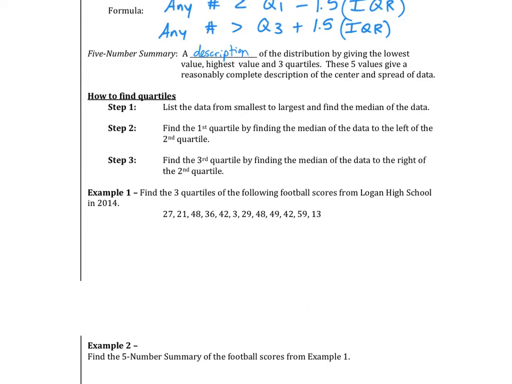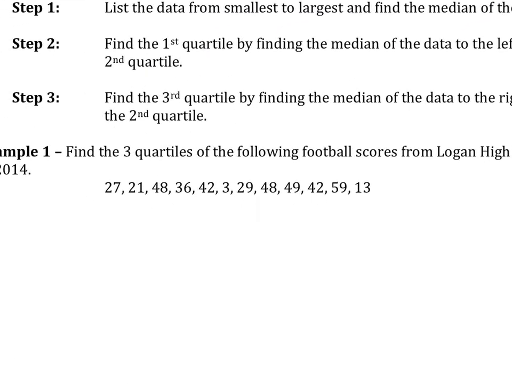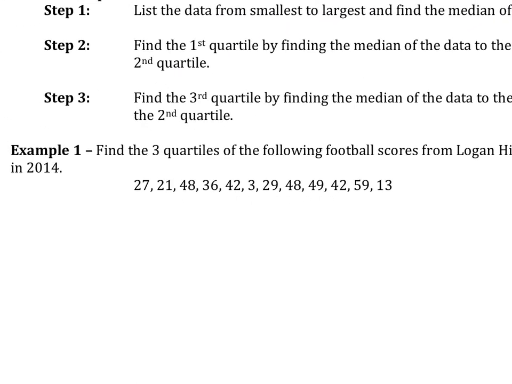So let's go through this example right here. So let's first put this in order. So the smallest number is 3. And then we have 13. After 13 is 21. And then 27. 29. 36. 42.